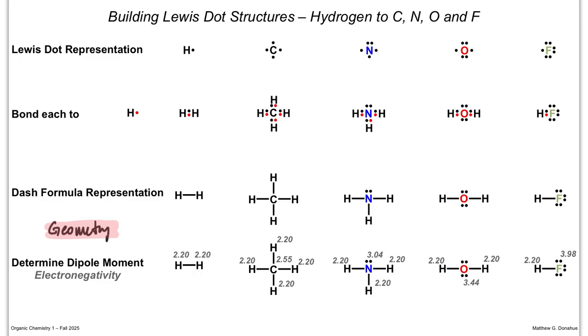Then what we want to do is, for every open valence, just shove in the number of hydrogens required. So 1 plus 1, that gets us our H2. And I've colored the electron red just to show you that it's coming from another atom.